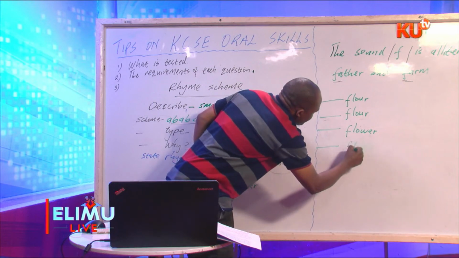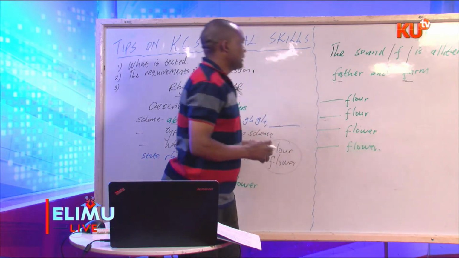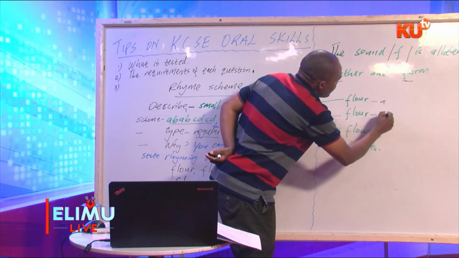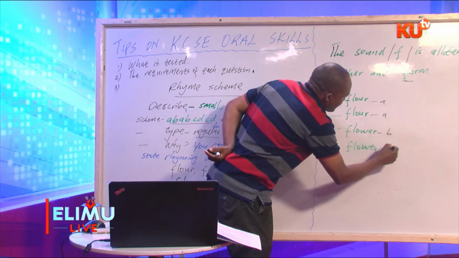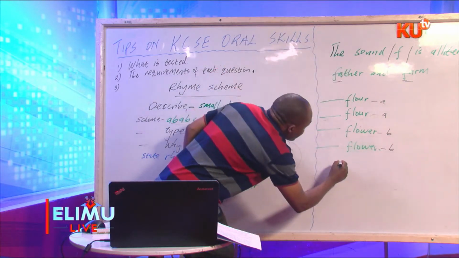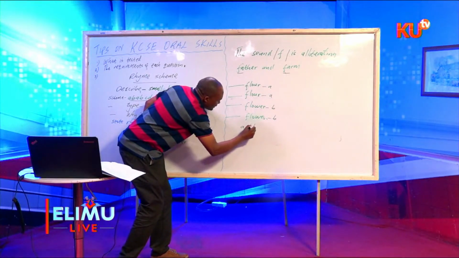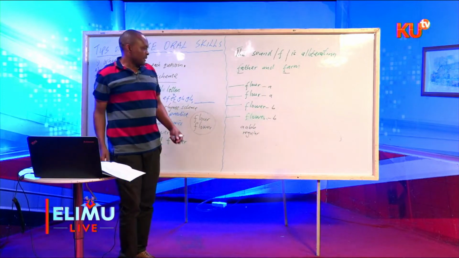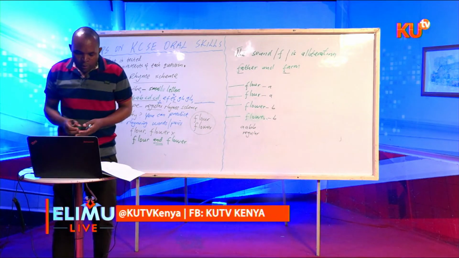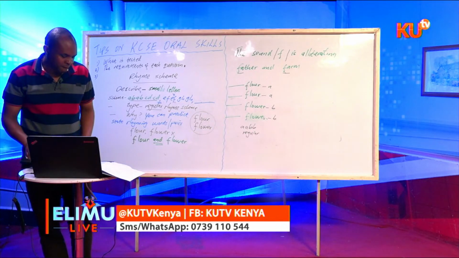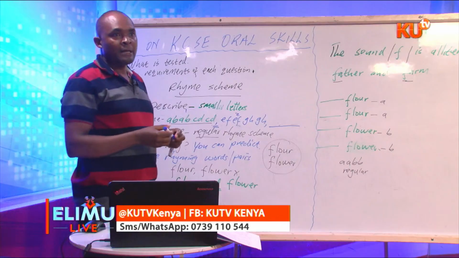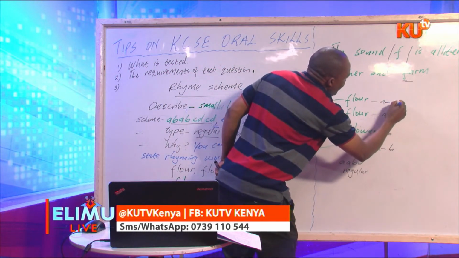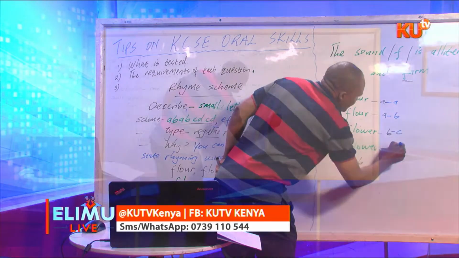We had this, and you see, students come up with this rhyme scheme. Here they write A, here they write A, here they write B, here they write B. And they present it like this: A, B, B. What type? They say it is irregular. Why? Because you can predict. A word does not rhyme with itself. So the correct scheme would be A, B, C, D.